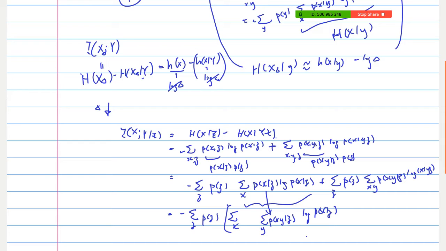The rest of the term here is over x,y, so this p(z) comes to here, and I have the sum over x,y of p(x,y given z) log p(x given y,z). I missed a p here.